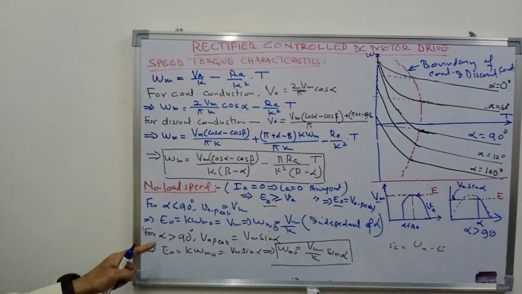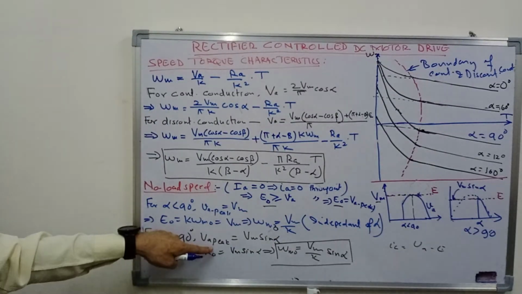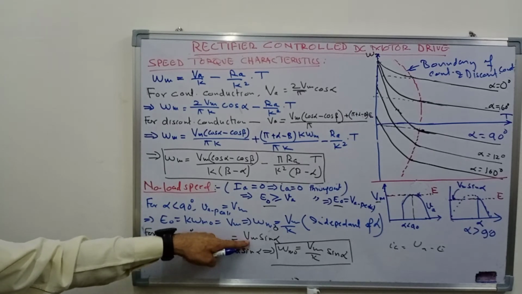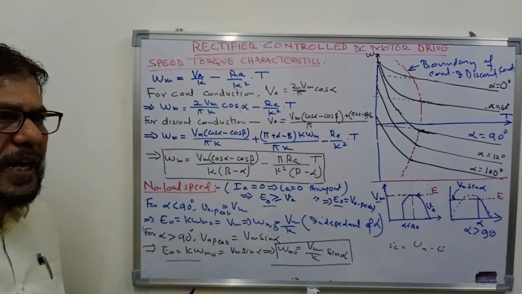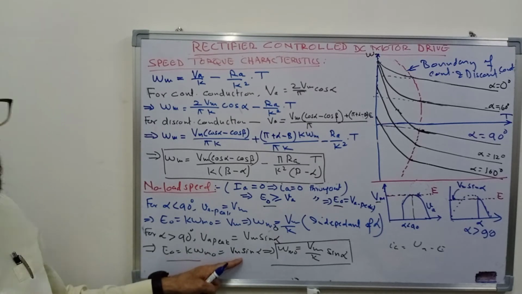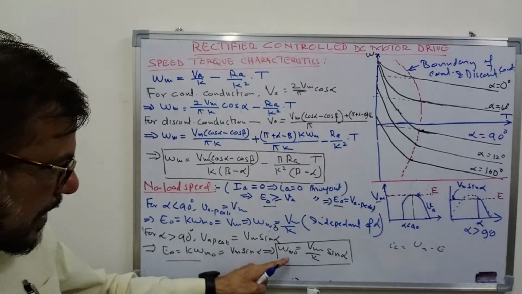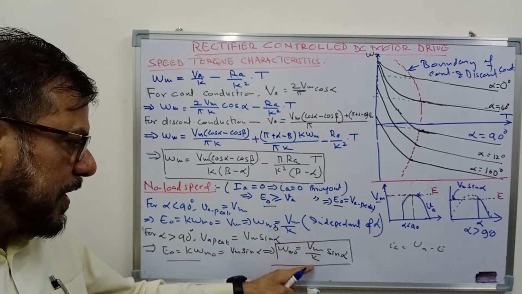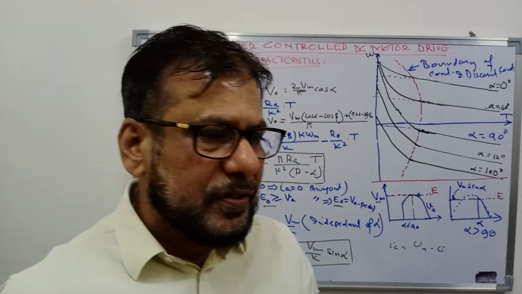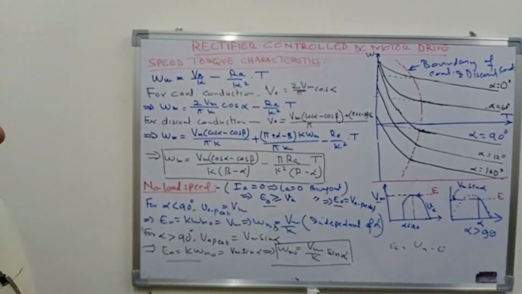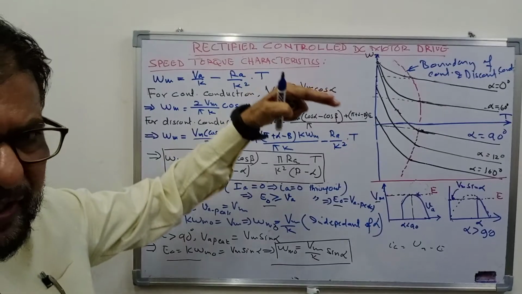So for alpha greater than 90 degrees, the peak value of armature voltage will be Vm sin alpha, and as the back EMF at no load will be the same as the peak value of armature voltage, omega m naught will be equal to Vm upon K sin alpha. This means that beyond 90 degrees, the no load speed will also decrease.